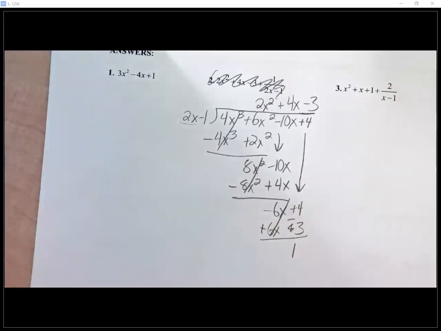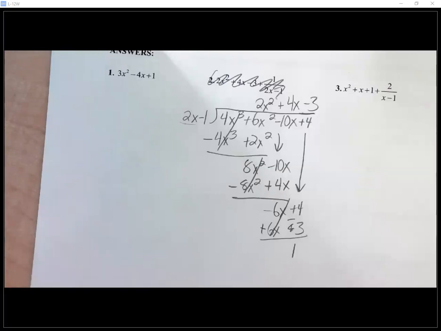Okay, when you're done, just check and see if you have what I have so far, and then we'll talk about that remainder. You should end up with a remainder of 1. If you're not having a remainder of 1, you made an error somewhere. How are we doing? Do we get that remainder?